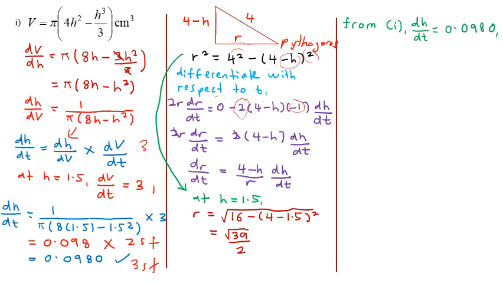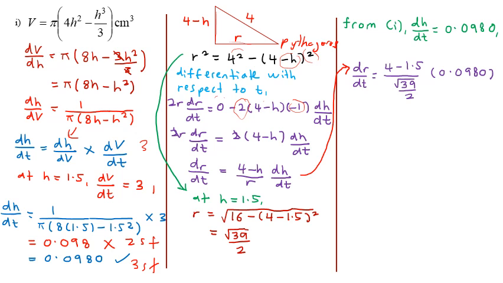Okay, next, remember from the previous question, that is part 1, we got 0.0980, right? And also we already calculated the value of r and h is already given. Then we plug all these values into the equation of dr/dt and dh/dt.